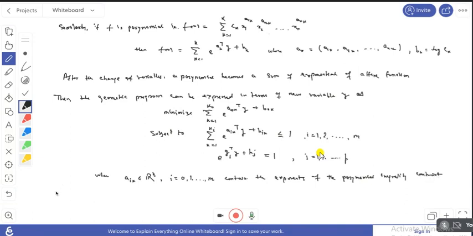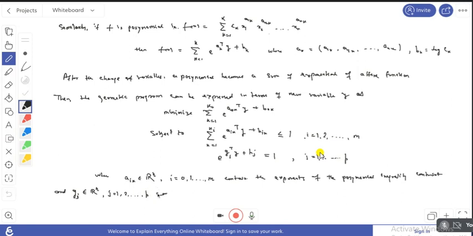And what about gj? Here gj is an element of Rn, and j is 1 to p because there are p equality constraints.